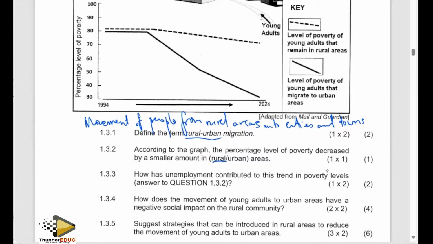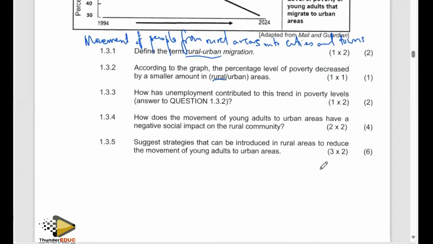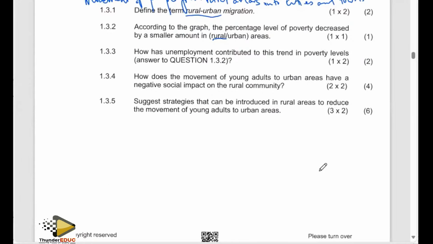How has unemployment contributed to this trend in poverty levels in question 1.3.2? Right, we are saying unemployment contributed to this trend. Why is it that unemployment is contributing to the trend of this small drop in the levels of poverty? Right.